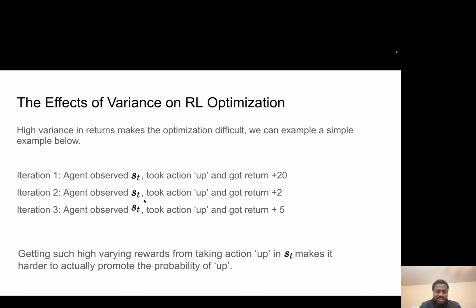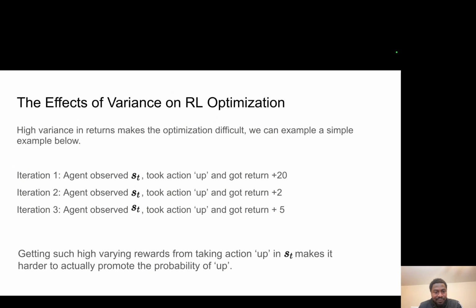Because sometimes you get a high return by taking up in ST, so we increase the probability of up when it's state ST, and sometimes you don't get very high returns, and so the probability is not that great. So it makes the optimization really difficult, because of this variation in the rewards that you're going to get.